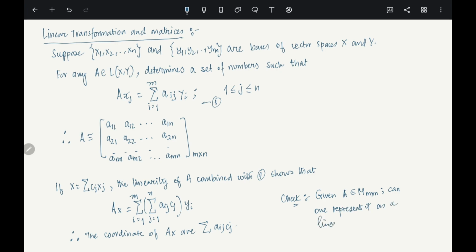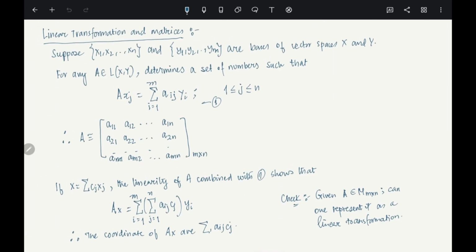Trivial question, right? Please try and answer this question if you can. Essentially, given a linear transformation there's a matrix, and vice versa, if there's a matrix there's a linear transformation. So they are basically the same thing.